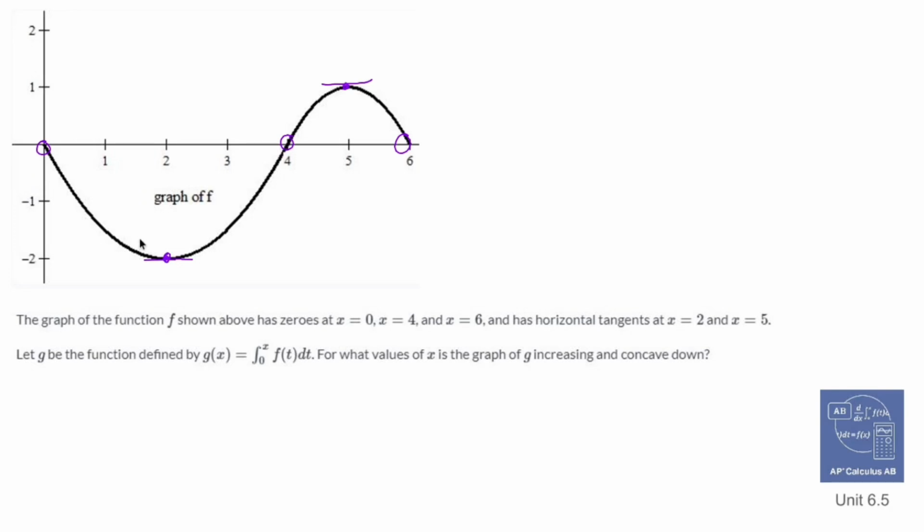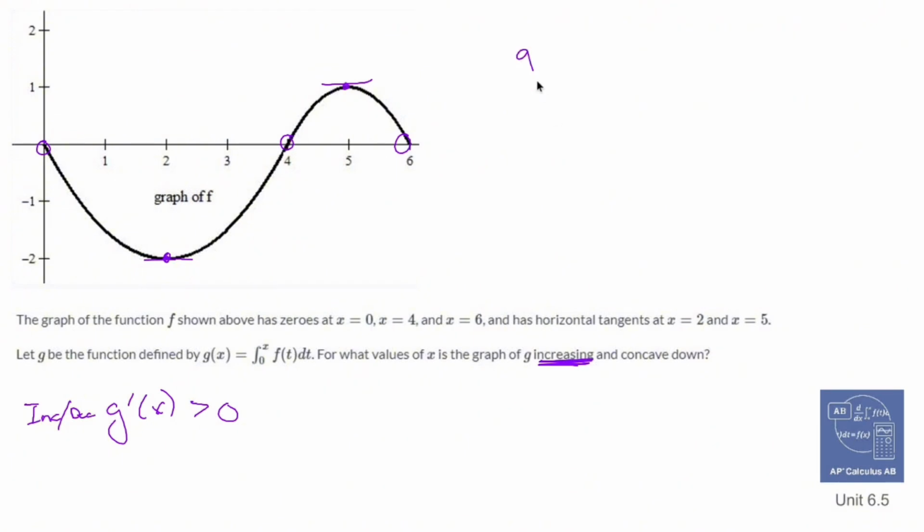So what I'm thinking is fundamental theorem of calculus thoughts. What I care about is g prime of x, and that will get me the increase-decrease part. If it's asking me for increasing, I would normally take the derivative and find out where the derivative is positive or negative. I want increasing, so I care about where g prime of x is positive.